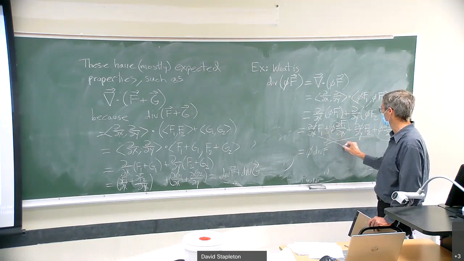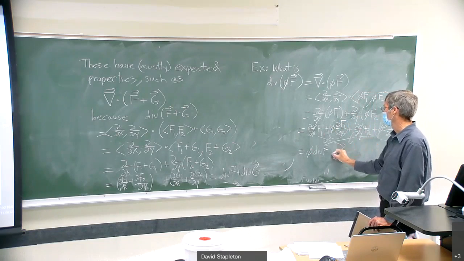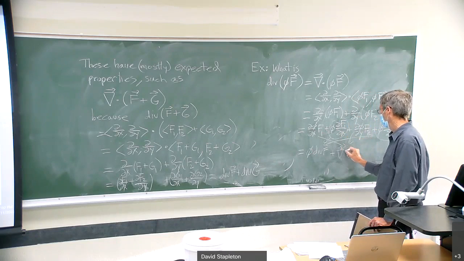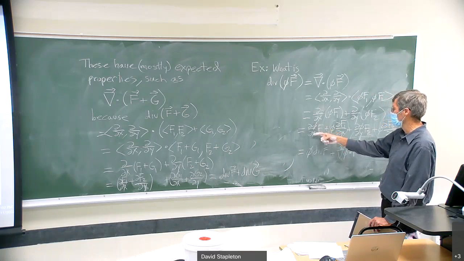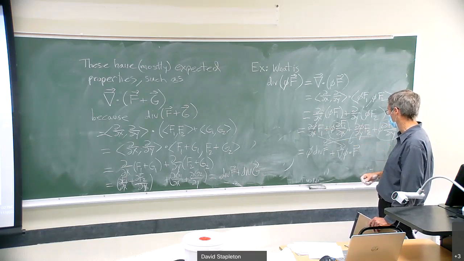That's this one, right? Phi times d f1 dx plus d f2 dy. And then the other two, they come over here, and you say, oh, this is gradient of phi dot product with f. Gradient of phi would have components d phi dx, d phi dy, and you dot product with the vector f1, f2. Maybe I should put one more step in there.